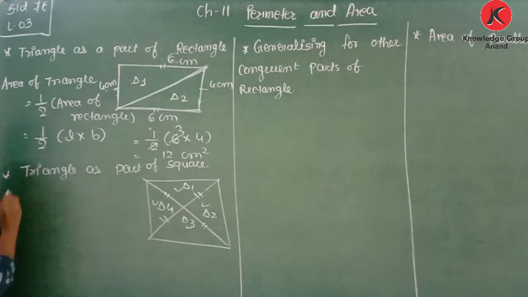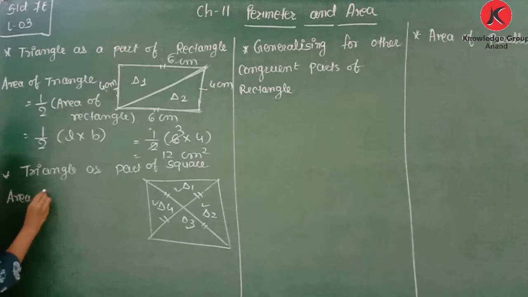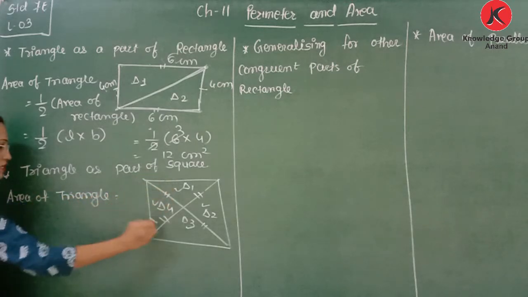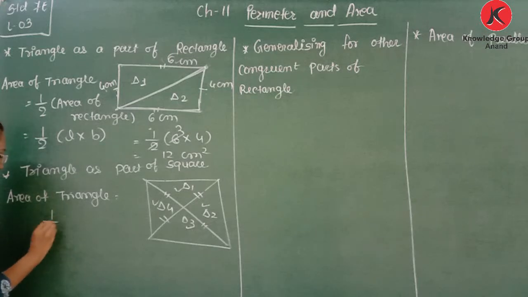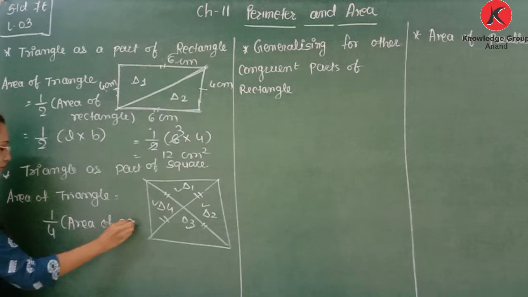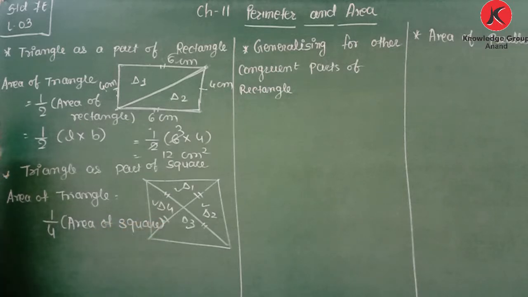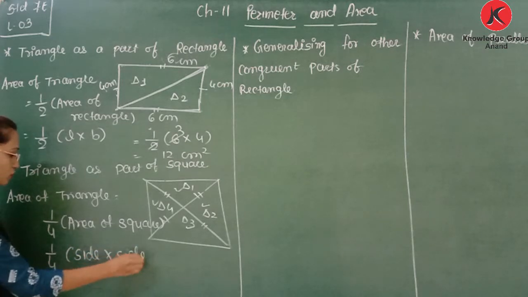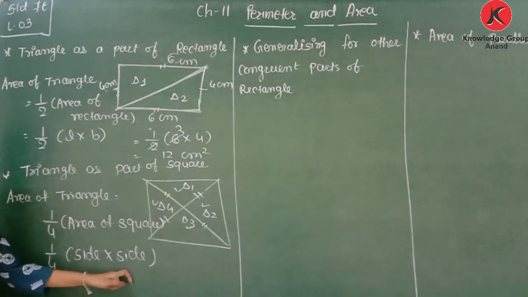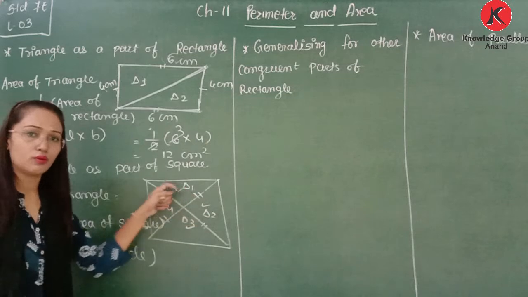So we can write the area of a triangle, if it is divided this way, as 1 by 4 area of a square. So what is the area of a square? Side multiply side. So this way you can derive the equation for the area of a triangle, that is 1 by 4 side multiply side, if it is divided into equal parts.